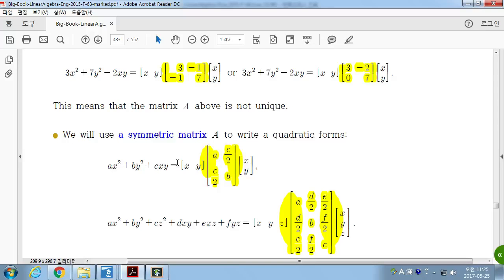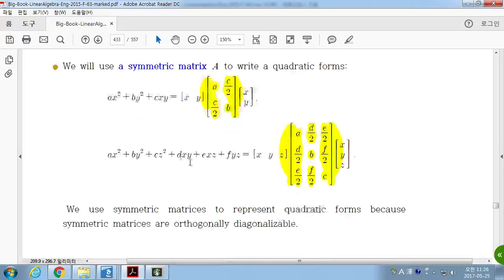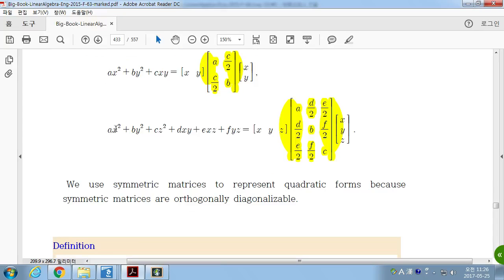Whenever we have a C, we do it like this. Whenever we have D, E, and F, we can have D over 2, E over 2, and F over 2 here. Then this should be the same, which means every quadratic equation like this can be written in a quadratic form with a symmetric matrix, which is orthogonally diagonalizable.